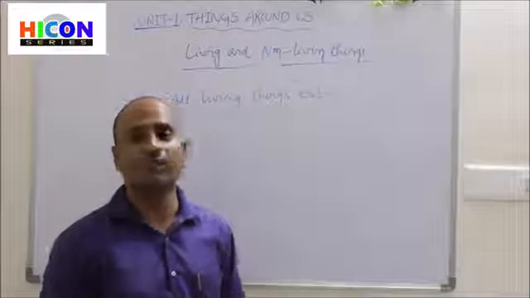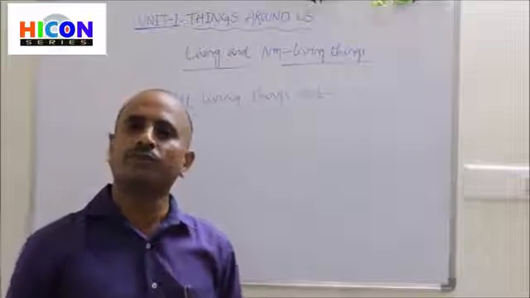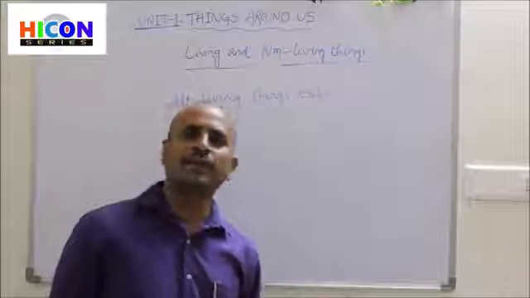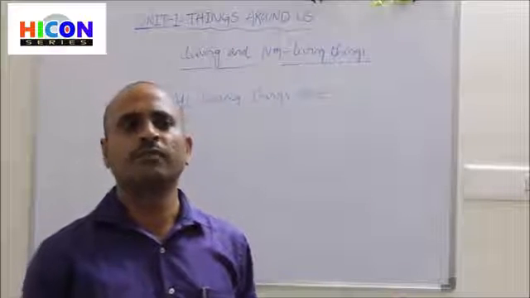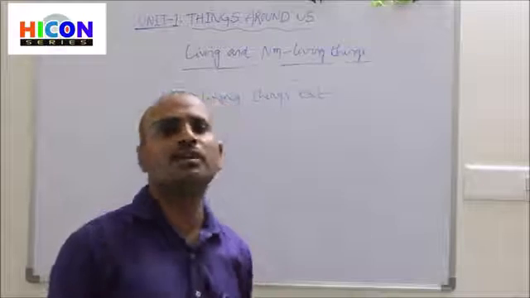Whereas non-living things do not eat. For example, the pen does not eat. If you place a mango, a piece of fruit, or rice, or a chicken near the pen, the pen does not eat.